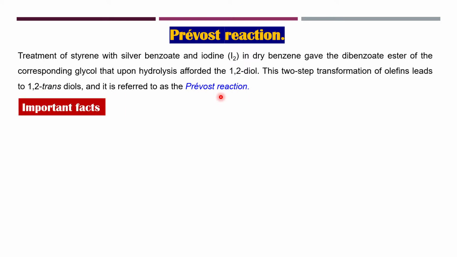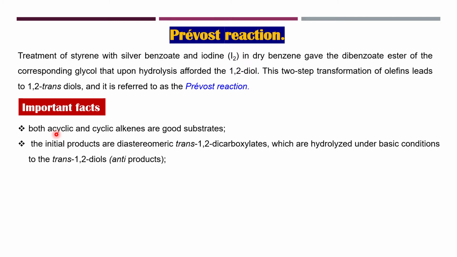Important facts about the reaction: applicable for cyclic and acyclic alkenes. The initial products are diastereomeric trans 1,2-dicarboxylates, which when hydrolyzed under basic conditions gives you trans 1,2-diols, that is the anti-products.